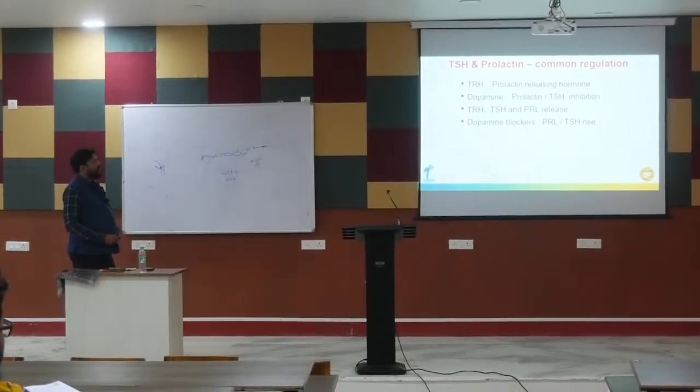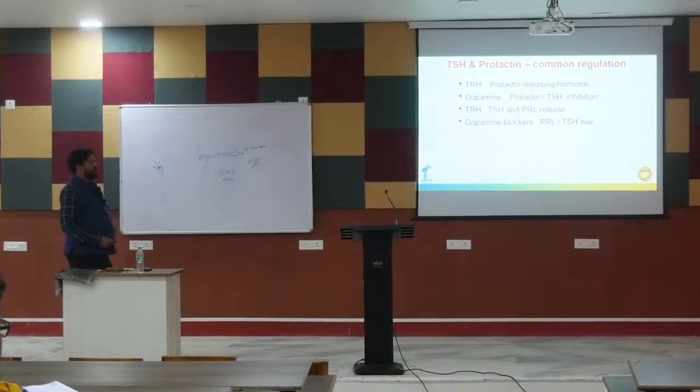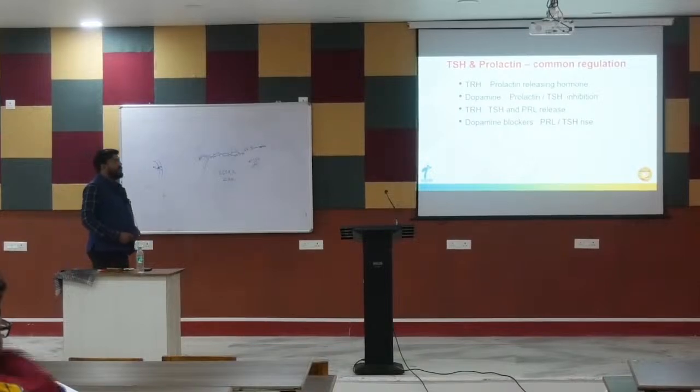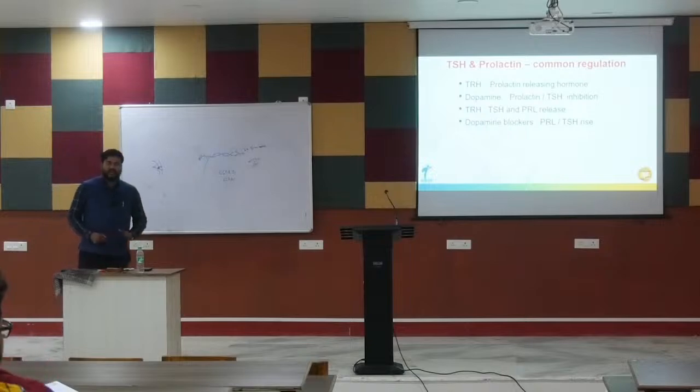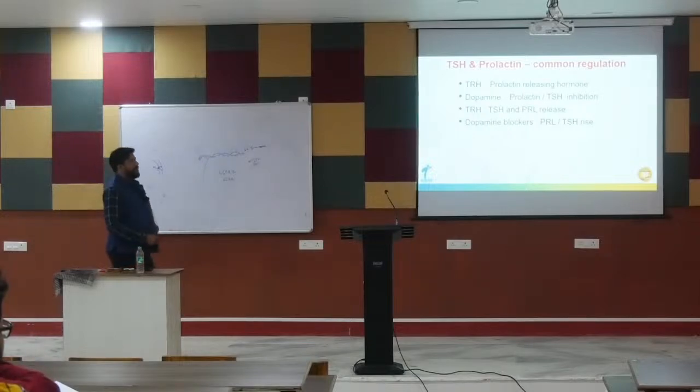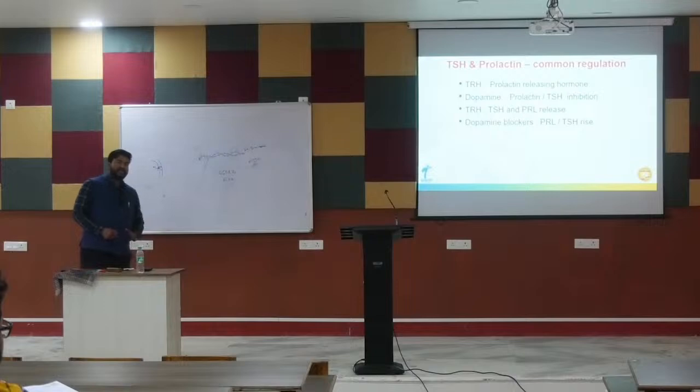And dopamine blocks the rise of both prolactin and TSH. So in patients with hyperprolactinemia, TSH is usually also high. Vice versa, in patients with hypothyroidism where TSH is high, prolactin level is usually also high.